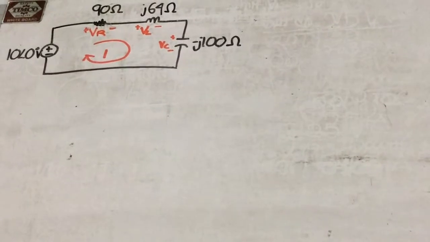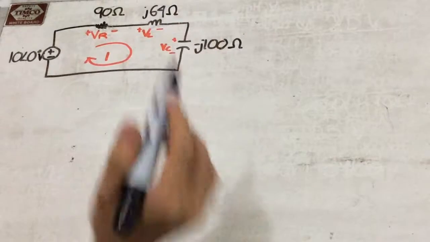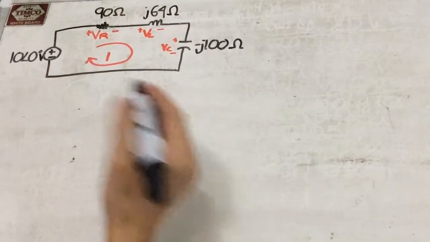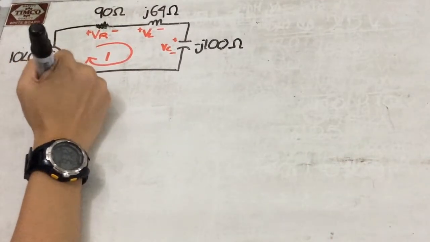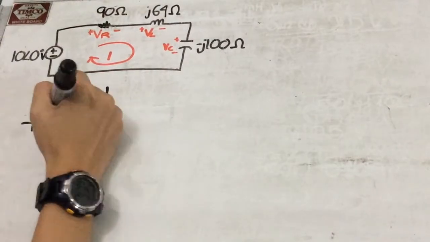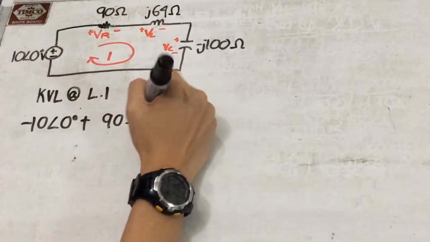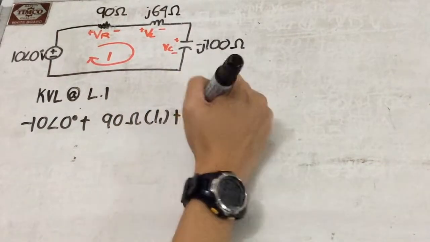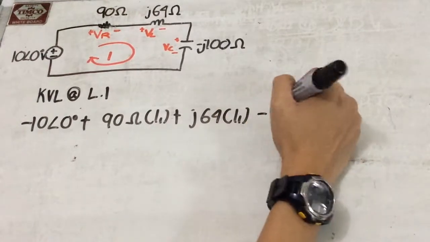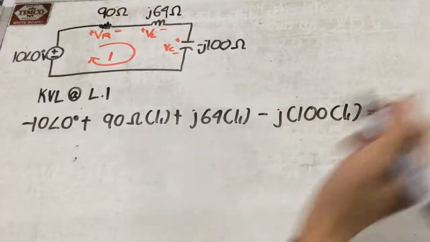We can now use KVL in this circuit to determine VR, VL, and VC. So applying the KVL at this closed loop, we have negative 10 angle 0 plus 90 ohms times current I1 plus j64 times I1 minus j100 times I1 is equal to 0.